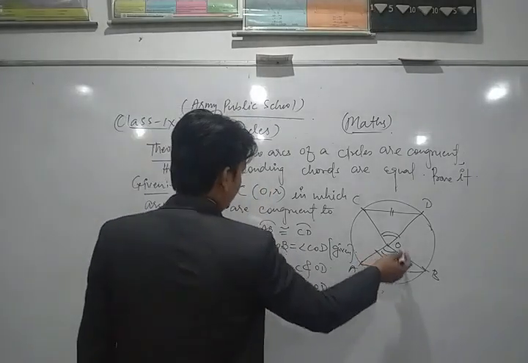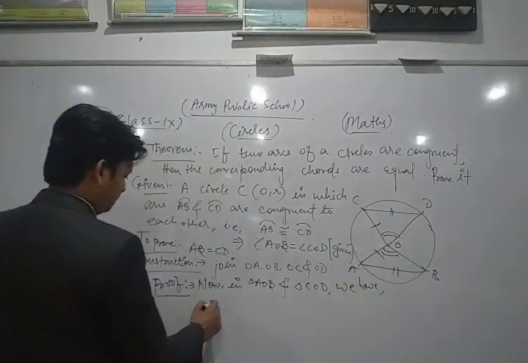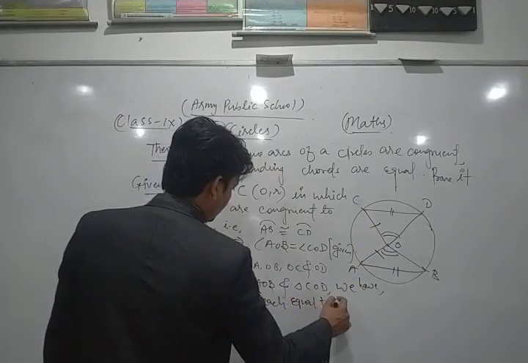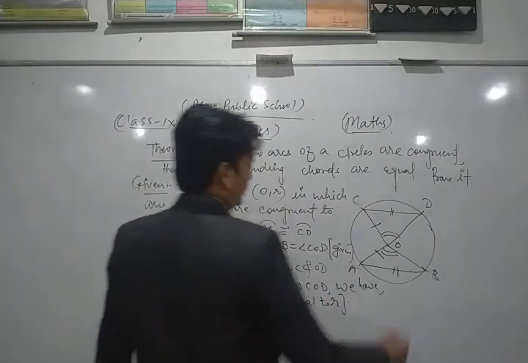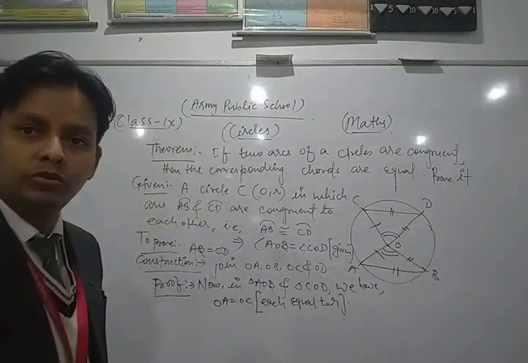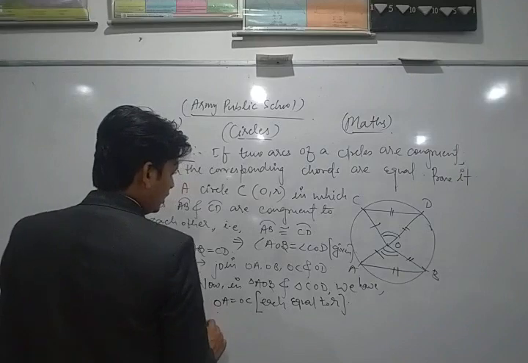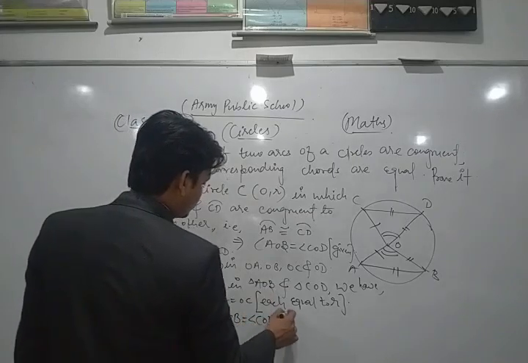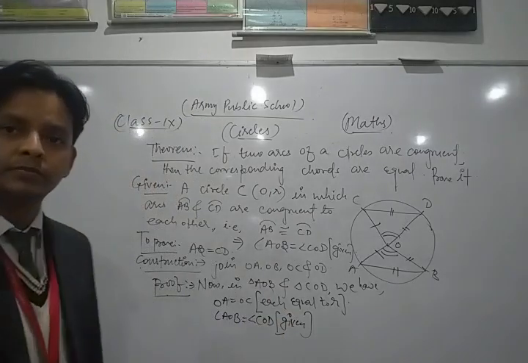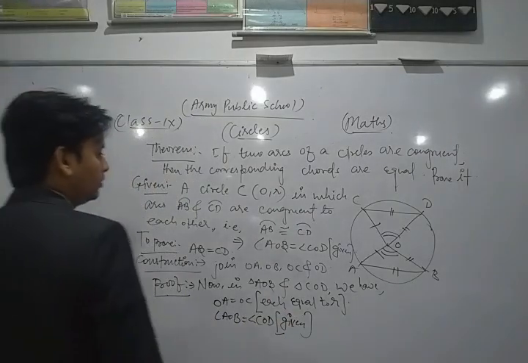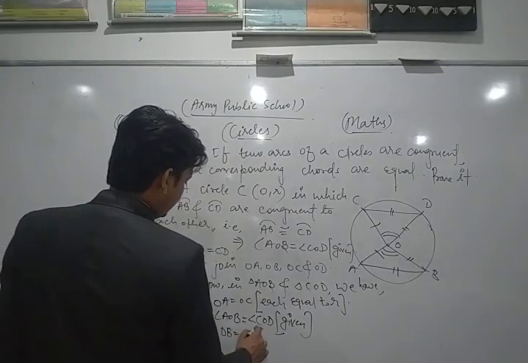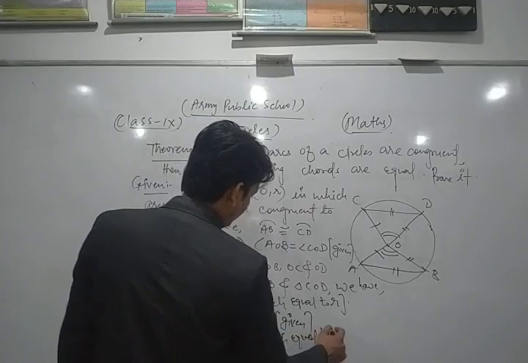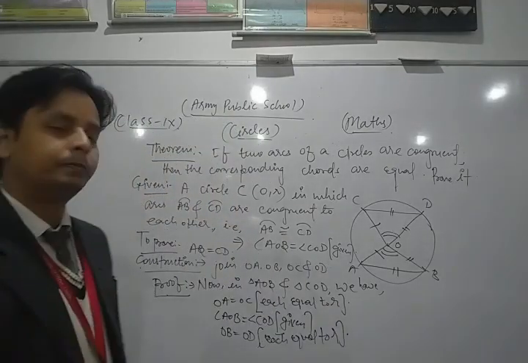Look, OA is equal to OC, each equal to R. OB is equal to OD, this is also given, each equal to R. And angle AOB is equal to angle COD, this is given in our question.